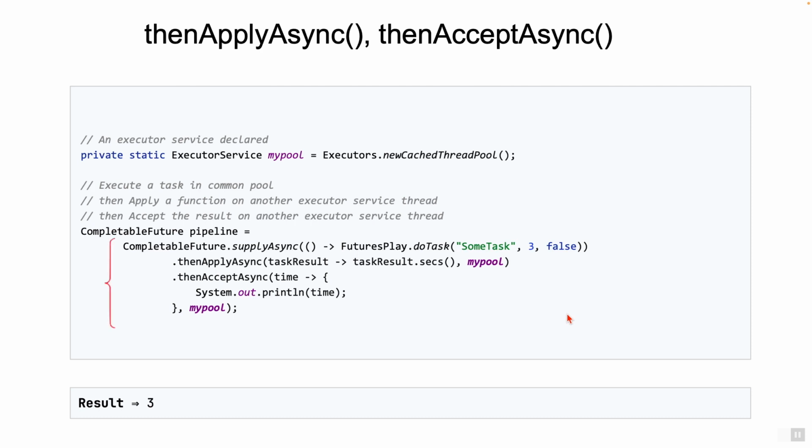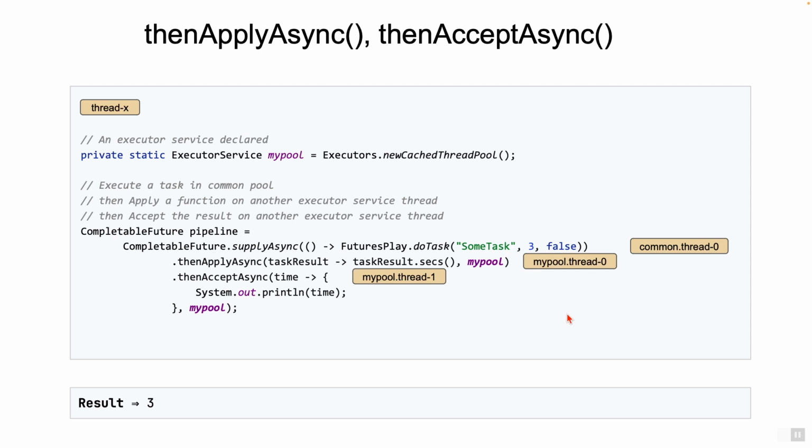As you see in the example, we are passing myPool to the calls of both thenApplyAsync and thenAcceptAsync, which is a different executor service. So both the stages will be triggered on that pool, myPool, and not the common pool. Here are the thread labels for this scenario. You can see mypool.thread0 and mypool.thread1 executing the thenApply stage and thenAccept stage.